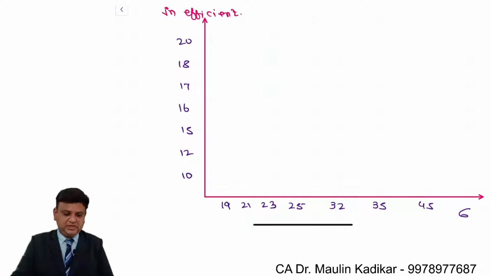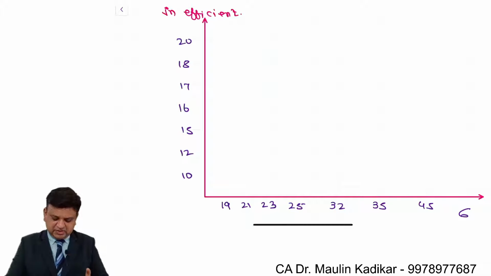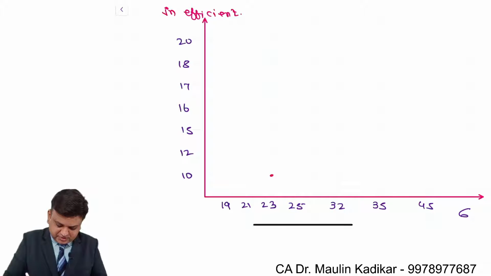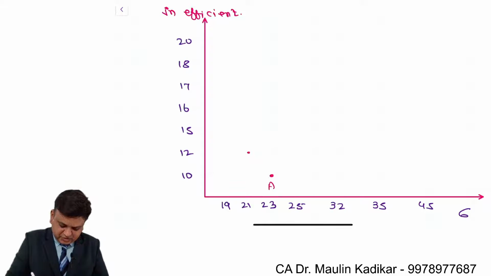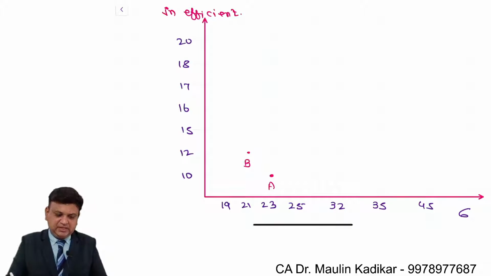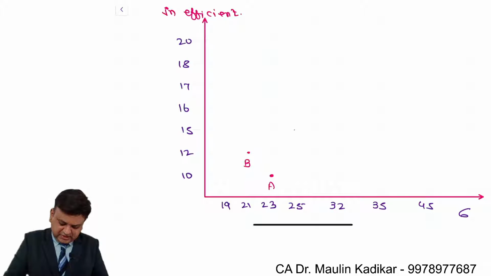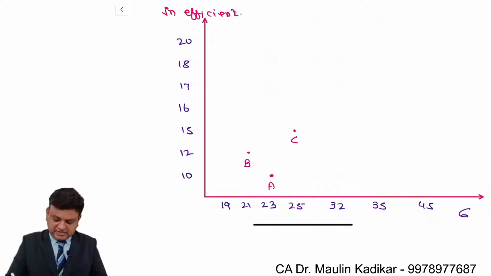Based on this working, as far as security A is concerned, the return is 10 percent and the standard deviation is 23 percent. Security B has a return of 12 percent and standard deviation of 21 percent. C has a return of 15 and standard deviation of 25. D is 16 and 29.